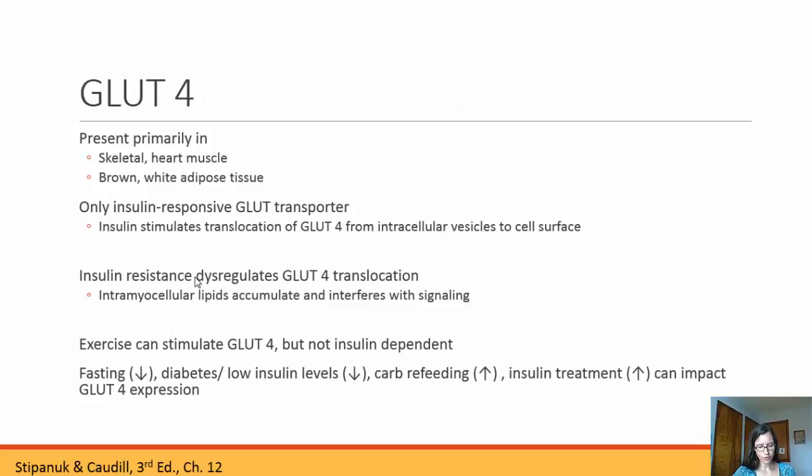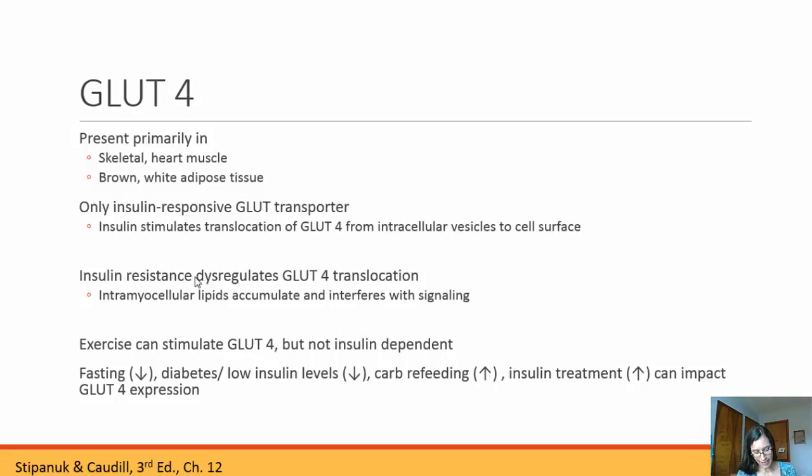Okay, so let's talk about GLUT4 just a little bit more. We again see it primarily in our muscle and in adipose tissue, and it's the only insulin-responsive GLUT transporter. What happens is this GLUT4 transporter is, I believe, in the cytosol of the cell, and when we have increased insulin levels, the GLUT4 goes up to the surface of the cell and is there to let the glucose in.